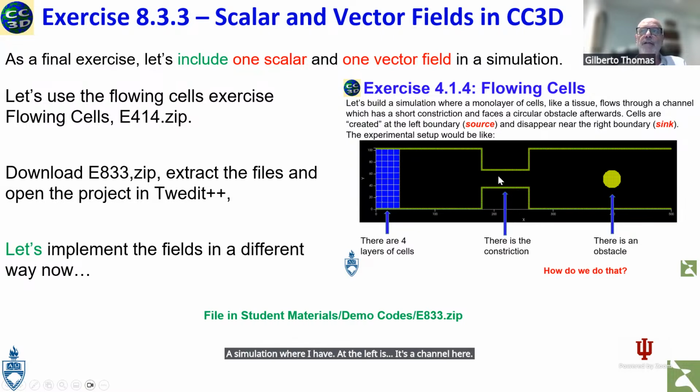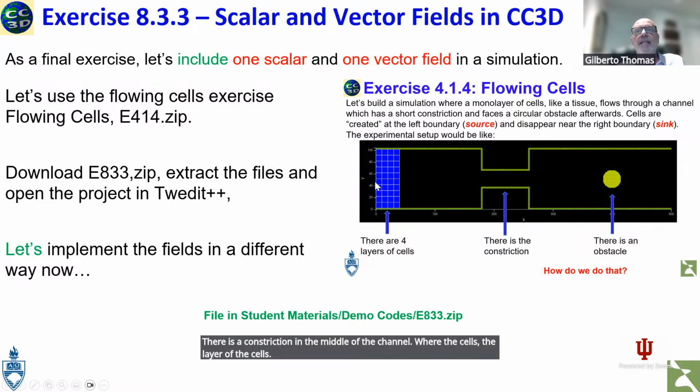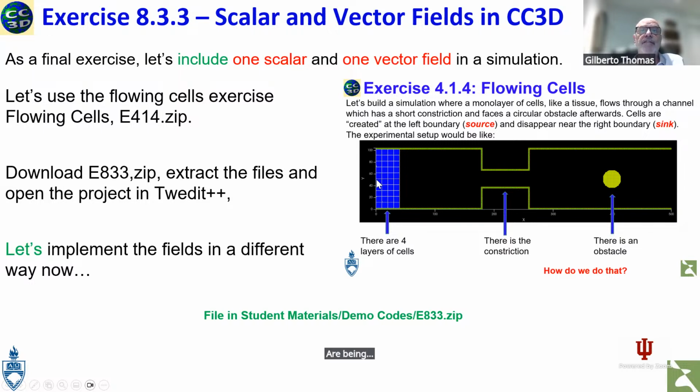There is a constriction in the middle of the channel. The layer of cells is being created at the left end of the channel, moves towards the right, and they should cross the constriction. And after crossing the constriction, they find an obstacle here. And then they disappear at the left end as if there were a sink.